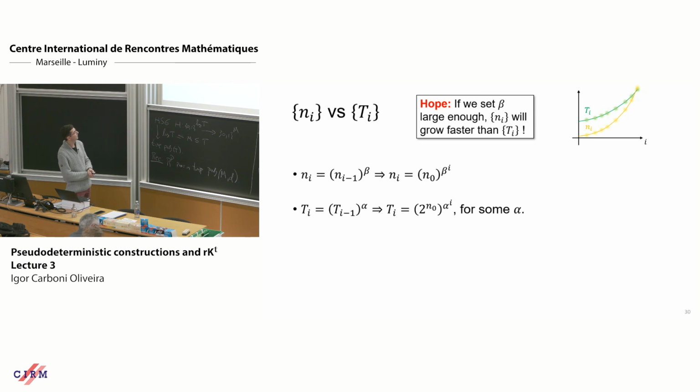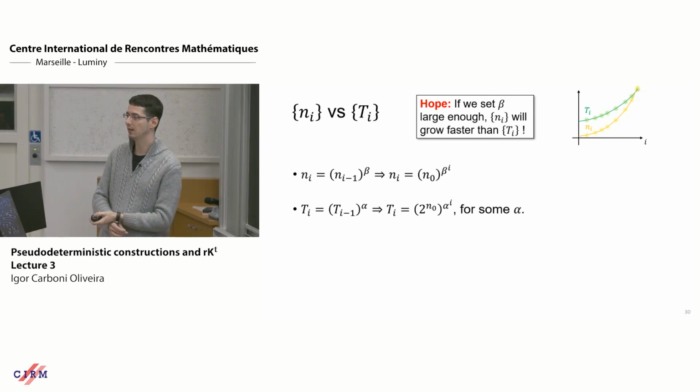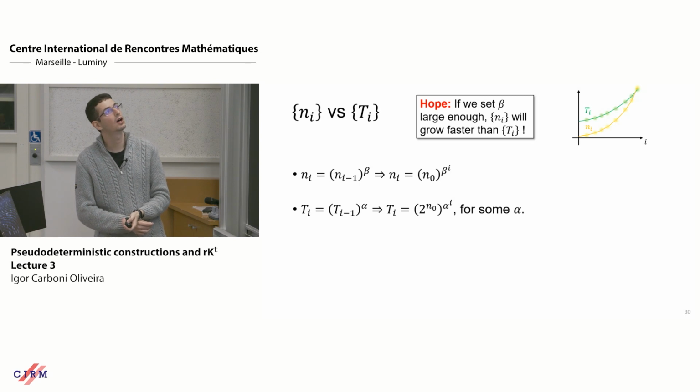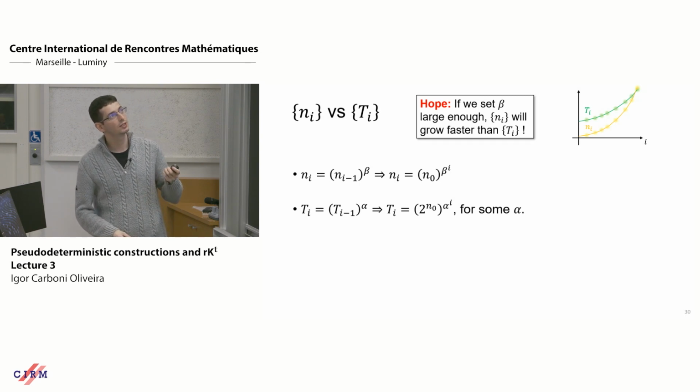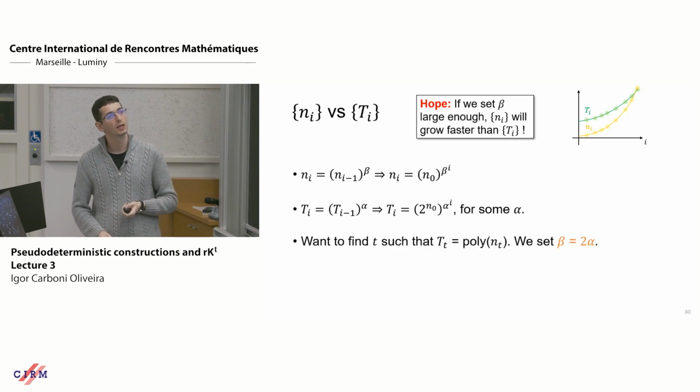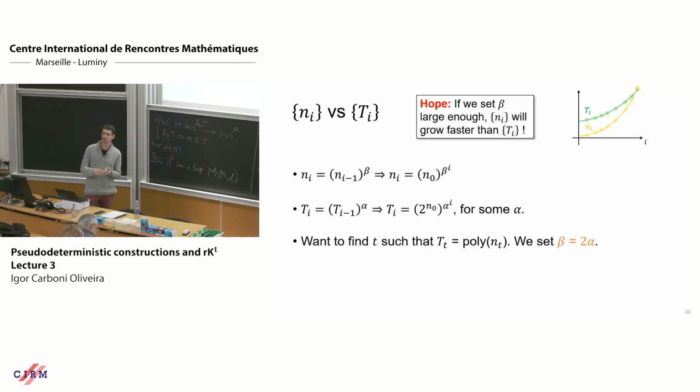And also in every stage, there is an overhead in the size of the hitting sets, which is raised to alpha. So at the ith iteration, we have length n0 to the beta i, and Ti, we start from t0, which is just the exponential case, we get some alpha to the i. And we want to find the smallest t so that after t iterations, the size of the hitting set is polynomial in the input length.